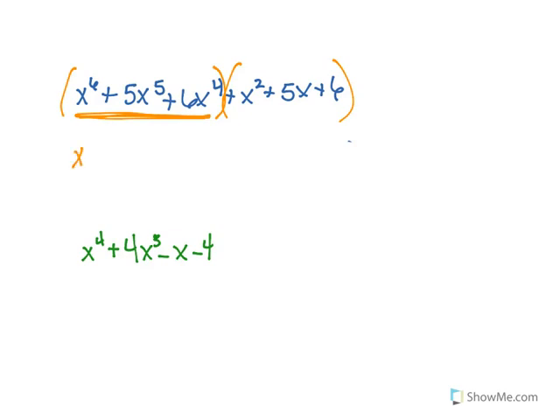Yes, you're right, x to the 4th. So I have x squared left, I have a 5x, and I have a 6 left. Okay? Now I say, is there anything that can come out of these? No. So I'm just going to rewrite that.